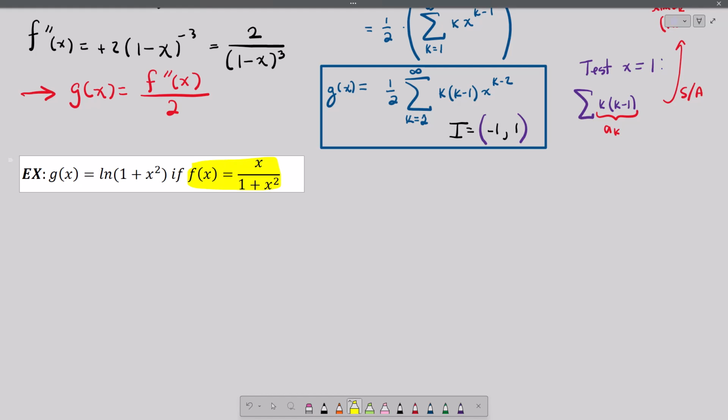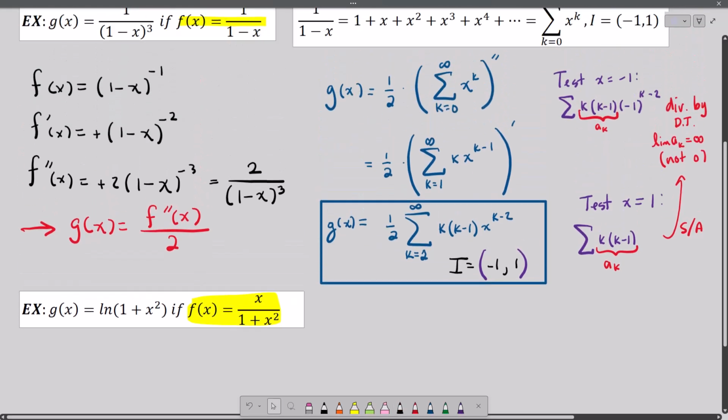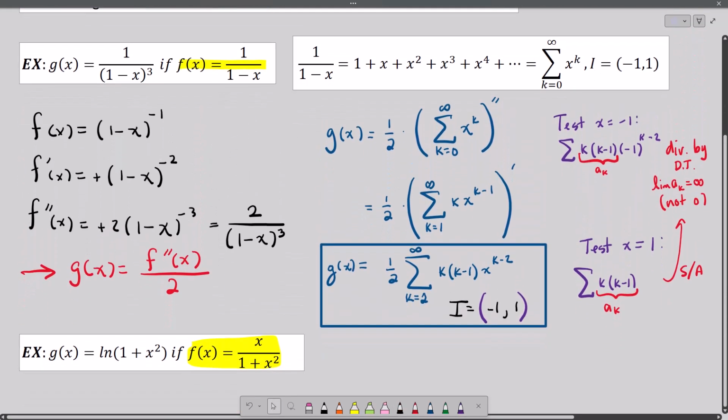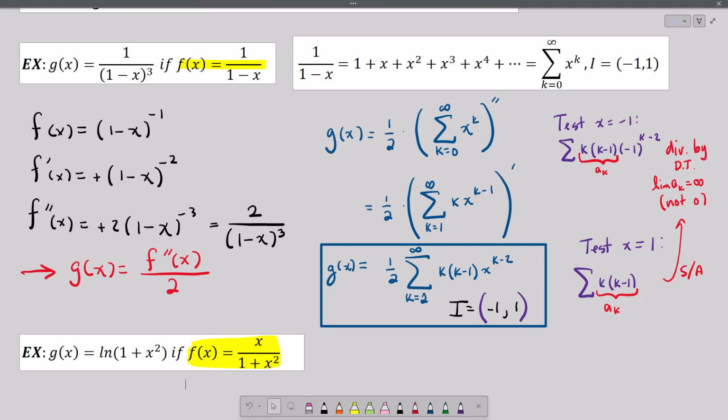It's just a modified geometric series. Do you agree? So we have our geometric series 1 over 1 minus x. What did we replace x with to get down to here? Replace x with negative x squared. And then multiply by x.